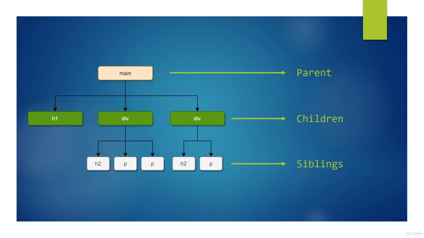The H1 element has no children, but the div elements do have children. The H2 and P elements are children of the div elements, and all children of the same parent are siblings as well. That's why we call these guys siblings.